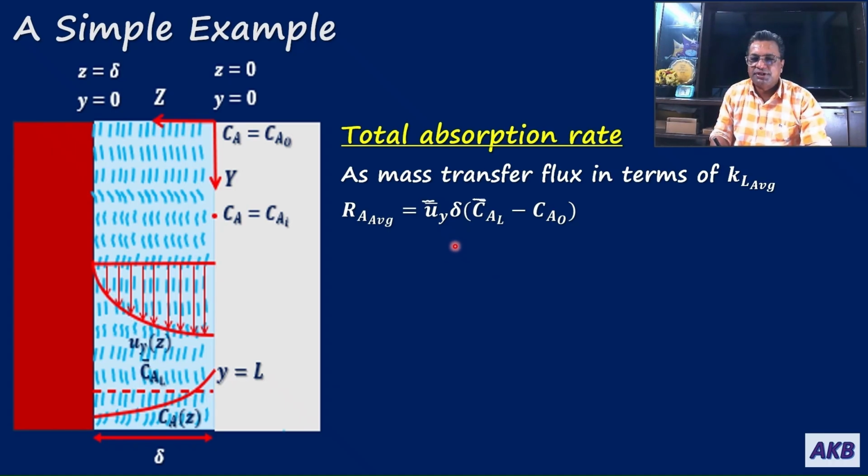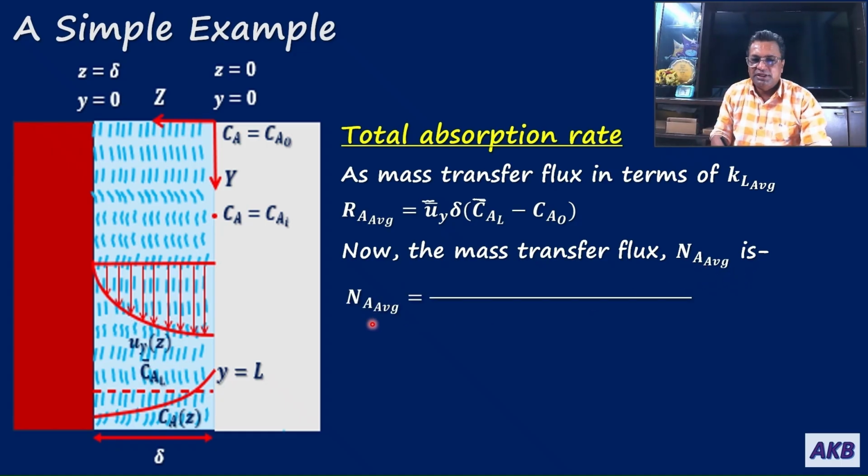If you express it as mass transfer flux, let us denote it NA average, it is obtained by dividing RA average by the area for mass transfer. Moles per unit time divided by area gives the mass transfer flux.